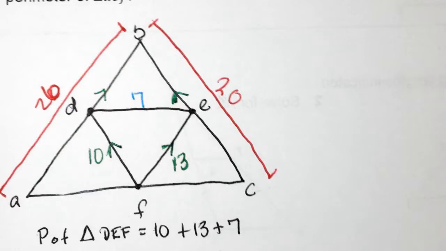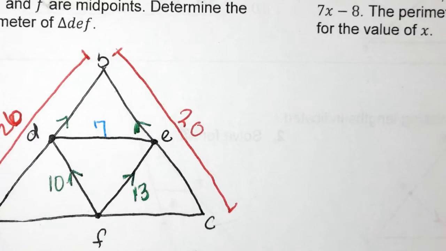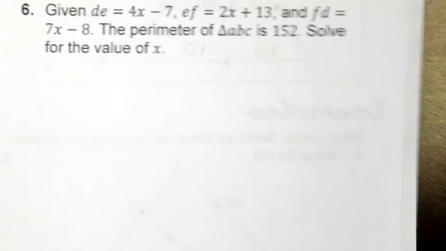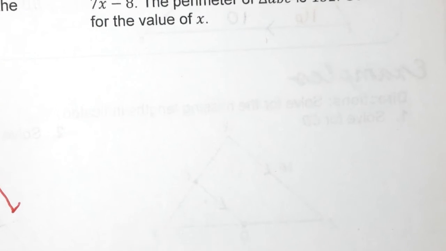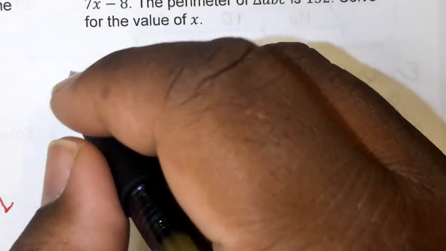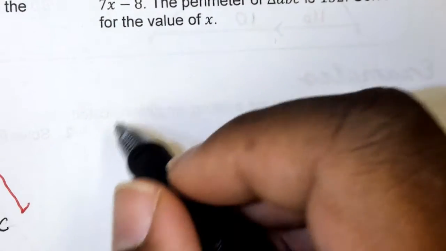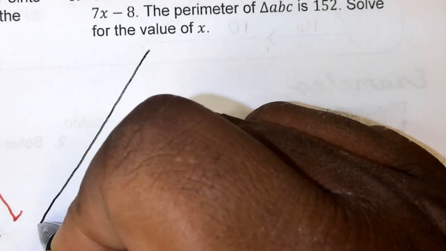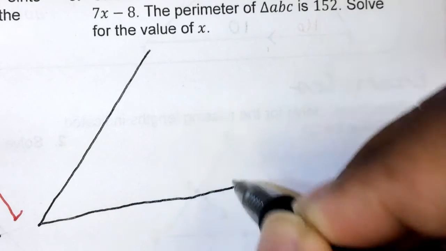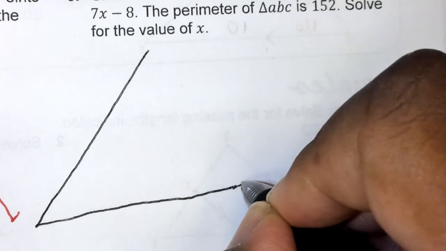Alright, let's hit number 6. Number 6, and I want you to draw this triangle a little closer to the left because we're going to need the right to solve too. We're going to do the same triangle again, label it, make it closer to this other triangle, closer to the left though, because we need space to solve out to the right. You want it to be a decent size one too, because you need to label it.